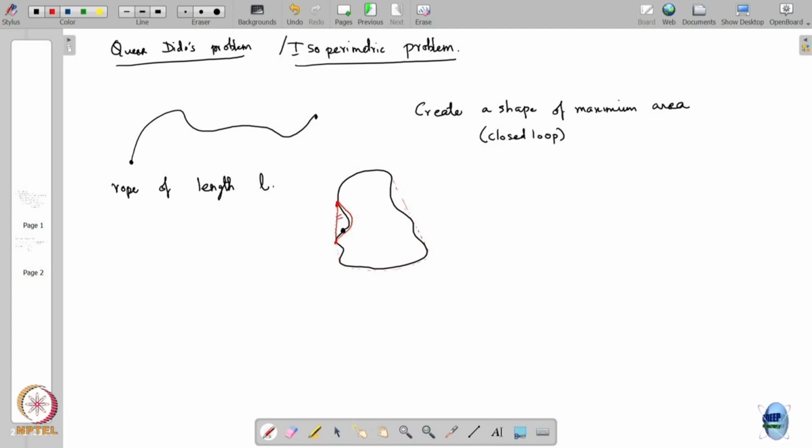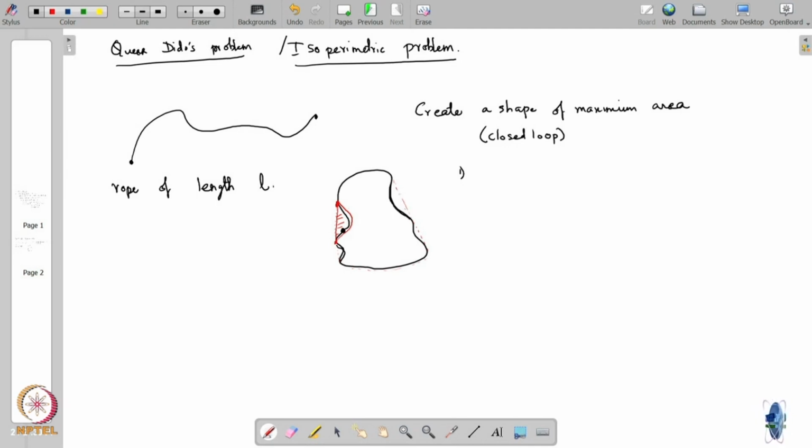Because now all this part would have become part of the area. So, within the same rope budget of length L, without violating that, I would have increased the area for sure. This gives us our first observation, which is that we can't have dents like this kind of a dent, this sort of a dent, this kind of a dent.